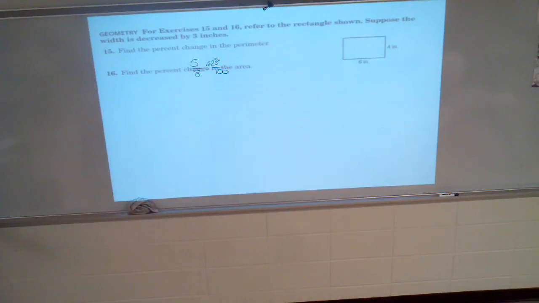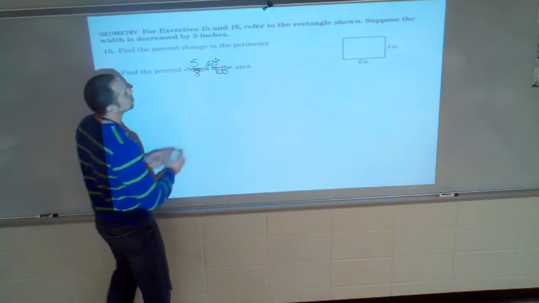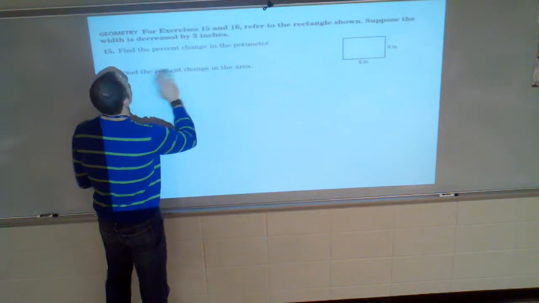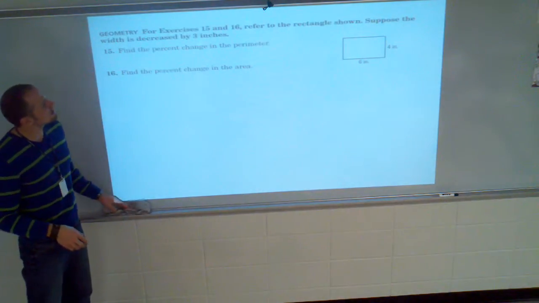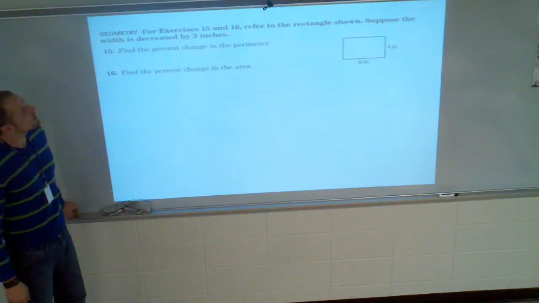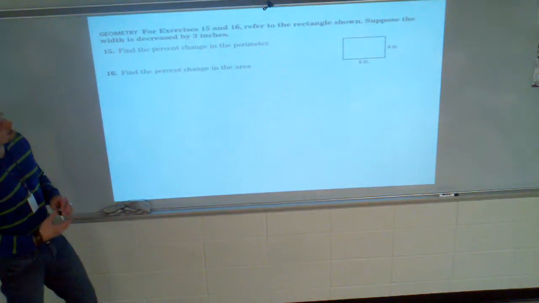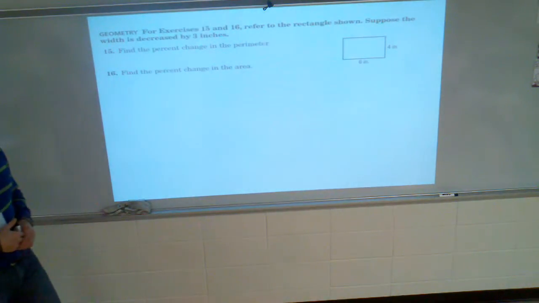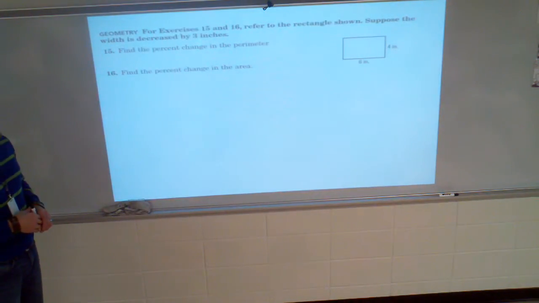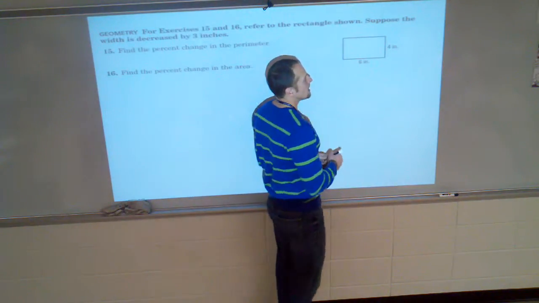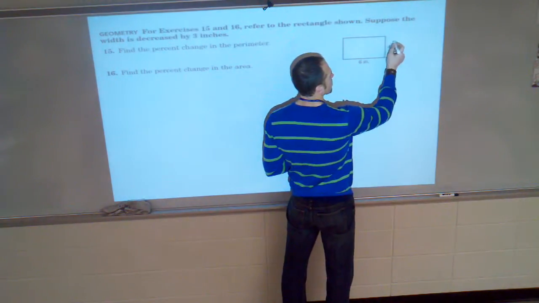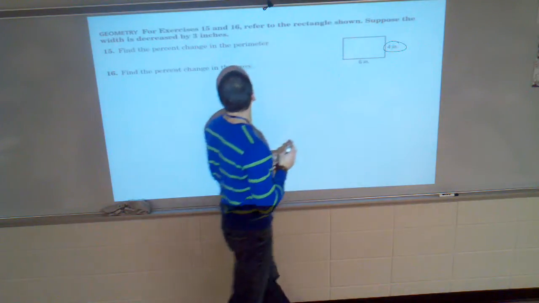All right. Number 15. For exercises 15 and 16, refer to the rectangle shown. Suppose the width is decreased by 3 inches. All right? So, suppose that my width right here is decreased by 3 inches.